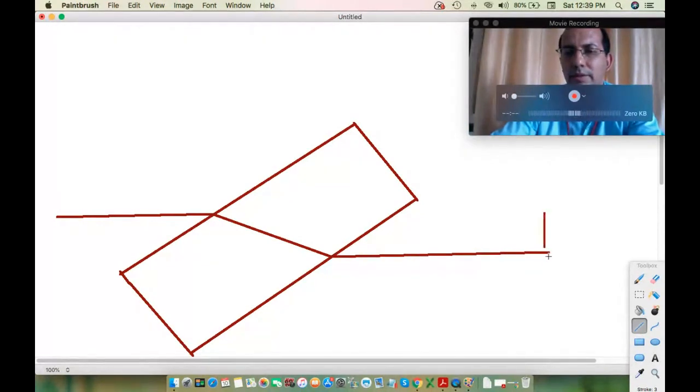So this is the mirror. Now can you tell me how many times, this is the beam splitter, how many times has this ray of light crossed it? Can you tell me how many times?